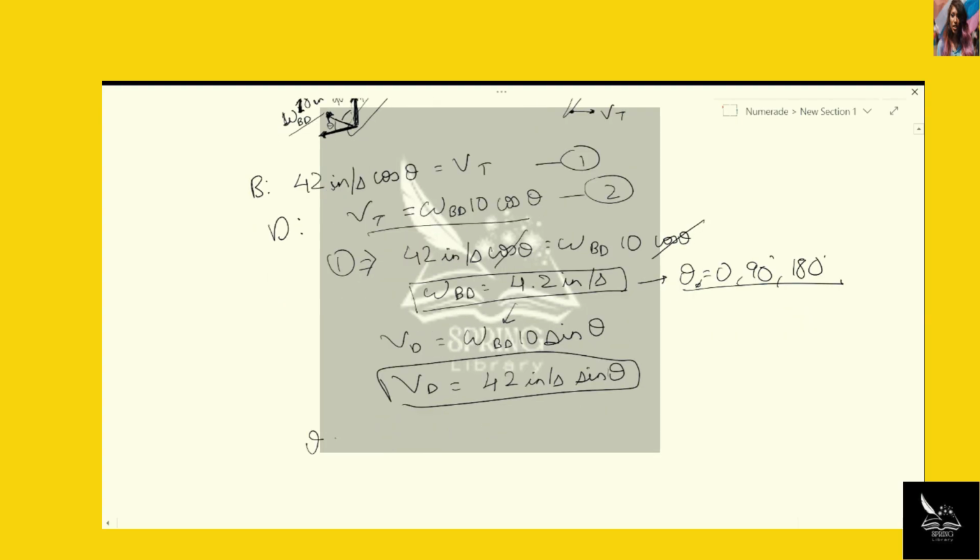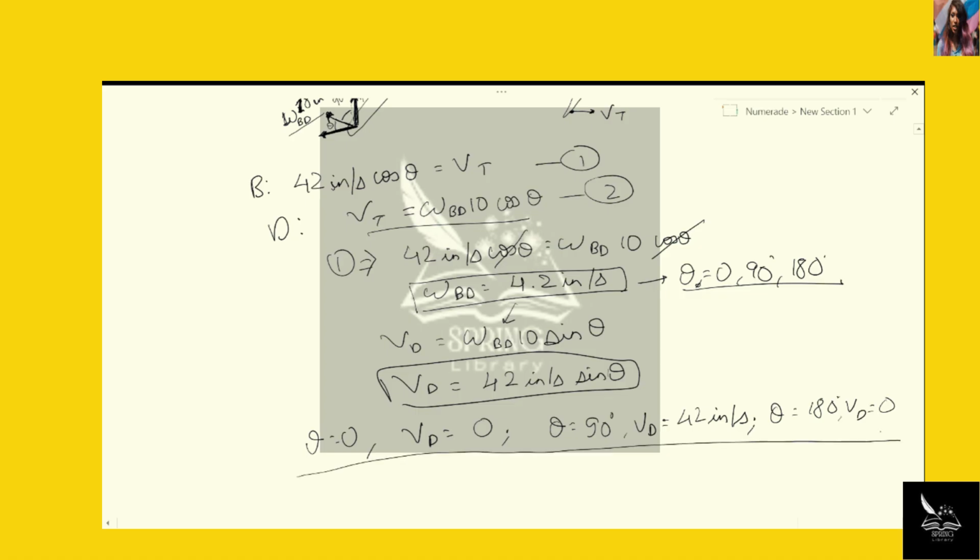So now if you put different angles, for theta equals 0, VD equals 0. For theta equals 90 degrees, VD equals 42 inches per second. And for theta equals 180 degrees, VD equals, again sine pi is 0, so this is again 0.